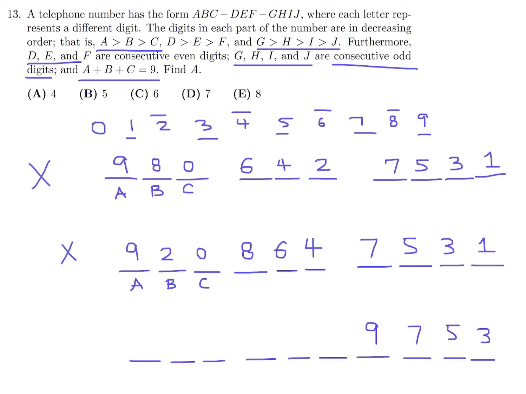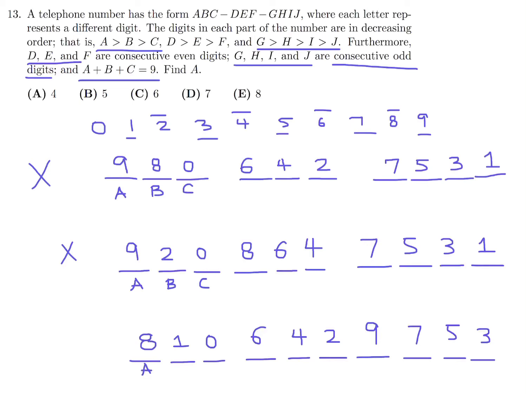For the next one, let's start with the smallest, 2, 4, and 6. So the numbers I have not chosen are 8, 1, and 0. The only way I can write them in decreasing order is 8, 1, 0 like this.